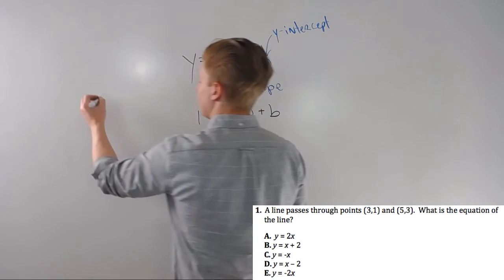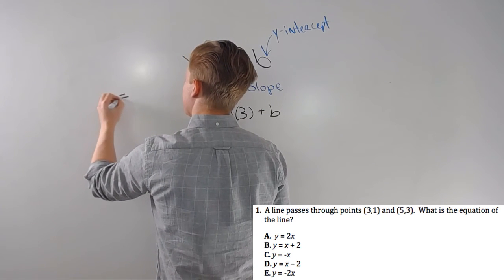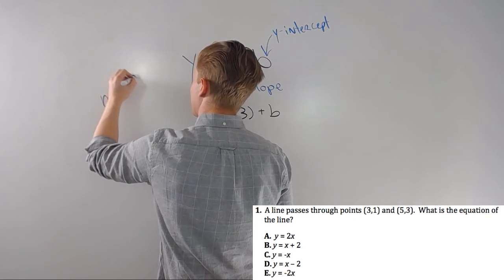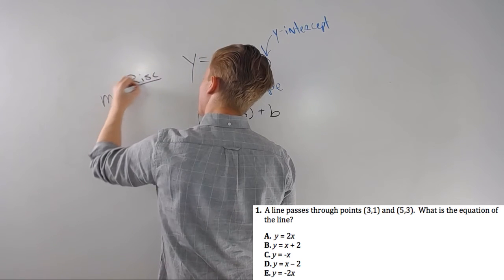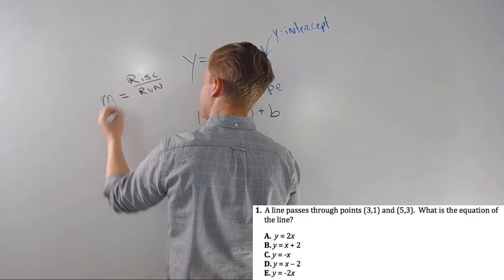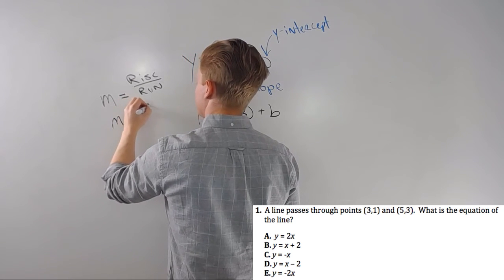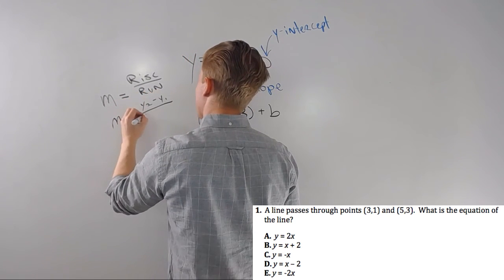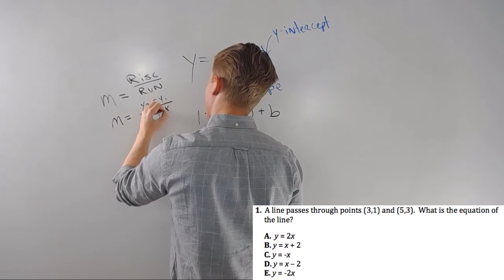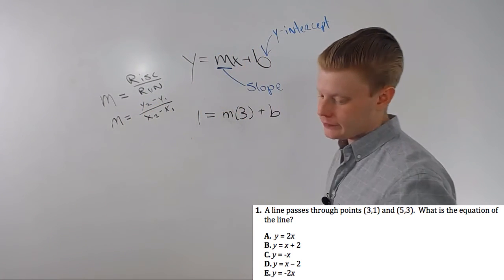This is an important thing to remember. Slope m is equal to rise over run. And how do you find that? Typically it's denoted this way: y2 minus y1 over x2 minus x1. That works just fine, right?